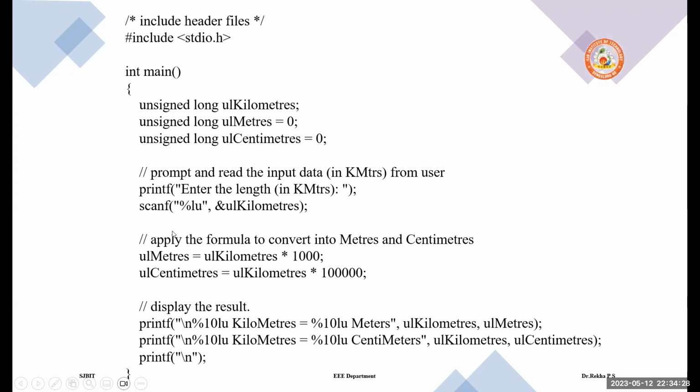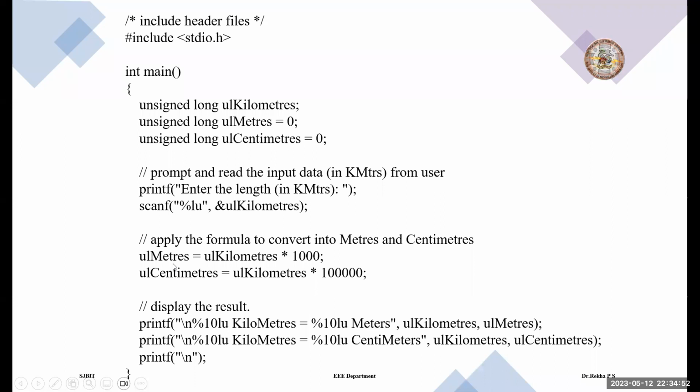Now you're supposed to apply the formula to convert into meters and centimeters. The value is stored already; whatever the user has entered is saved in kilometers. That should be multiplied by 1000 and stored in UL meters.